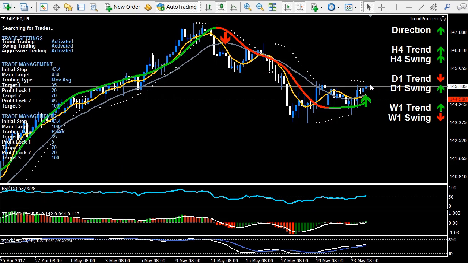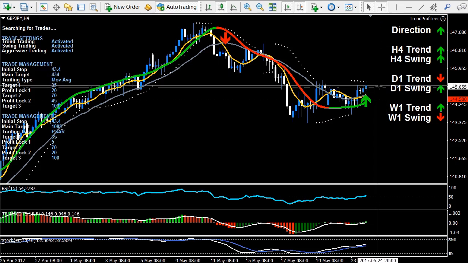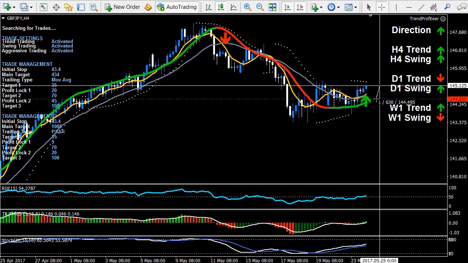So let's say we enter the order here. The amount of pips from the market entry to the stop loss is the amount of pips that we are risking. So let's say that's 61 pips, plus your spread. But let's just keep it simple. Let's say it's 60 pips, okay? 60 pips. That is what we're risking.